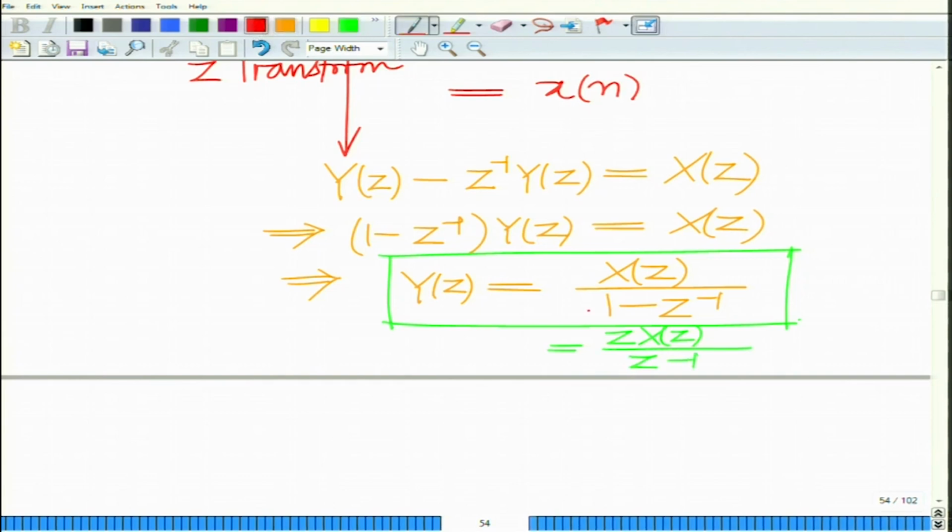So, you can see this adds a pole at z equals 1 in addition to the poles in X(z). So the ROC has to be, since we have a pole at z equal to 1, and assuming this is a right handed signal, as you are accumulating it, the ROC has to be magnitude of z greater than 1.